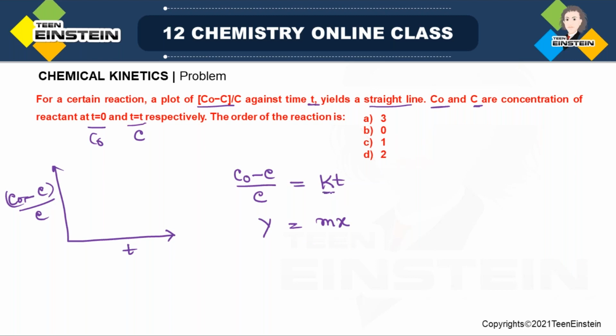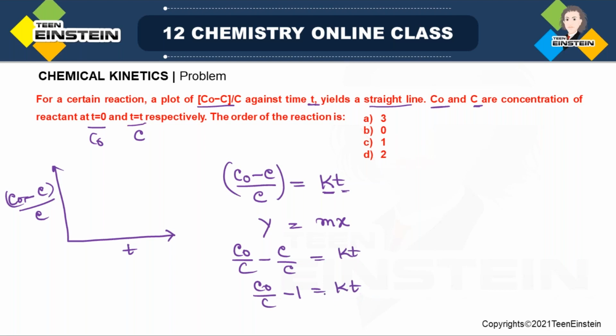Here m is constant, t is x, and y is this total quantity. Now, if we write this equation in this way, that is C0 by C minus C by C equals kt, so C0 by C minus 1 equals kt.